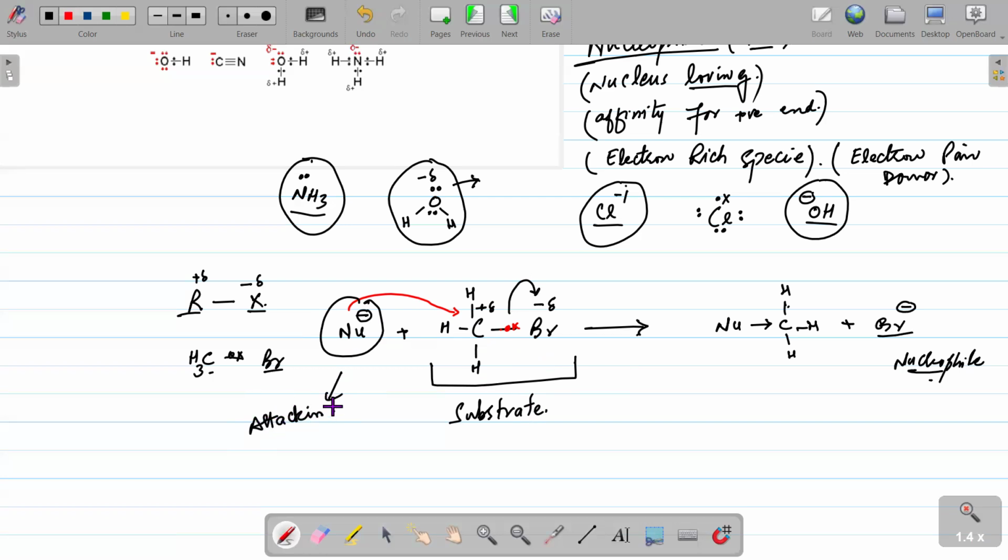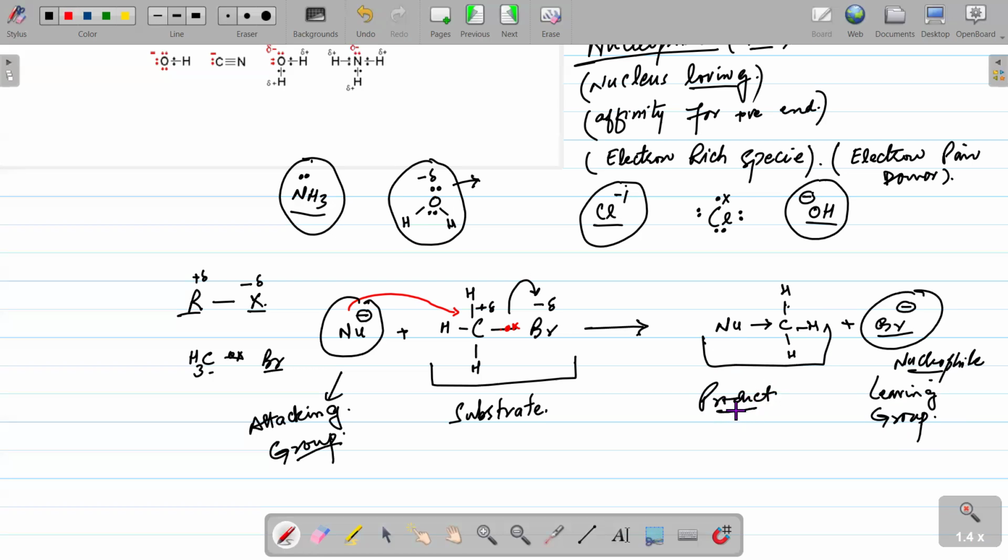That is the attacking nucleophile, or you can say attacking group. And this nucleophile, which is leaving the molecule, is our leaving group, right? And the product which we got is our main product, the substitution product. So: attacking group, leaving group, substrate, and product.